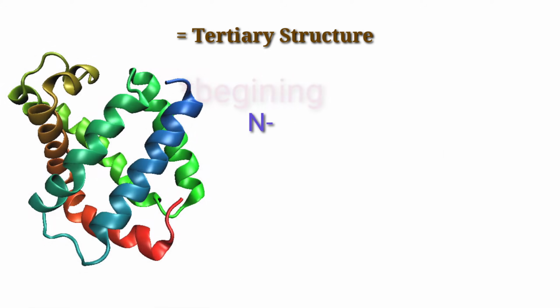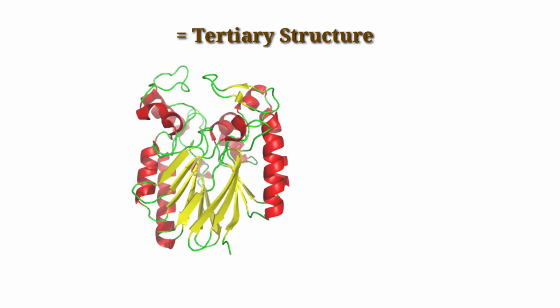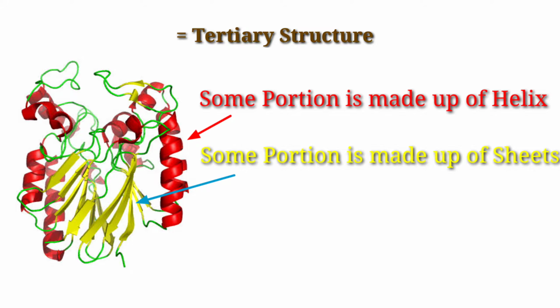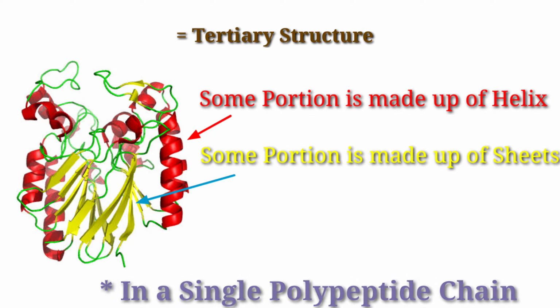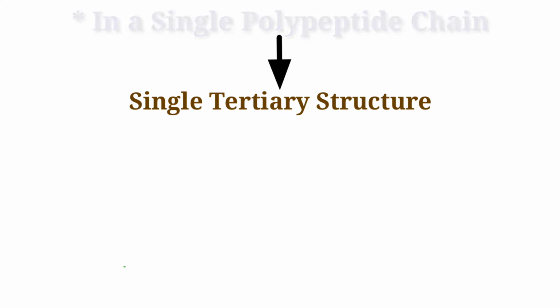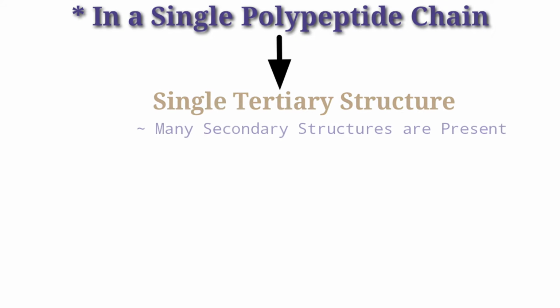Either you can have all alpha helices present in the polypeptide chain, or some portion is made up of alpha helices and some portion is made up of beta sheet. In a single polypeptide chain we are talking. So the point is clear that a single polypeptide chain will give rise to a single tertiary structure in which you will have many secondary structures present.